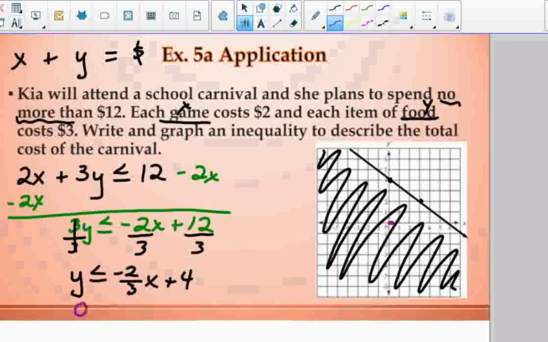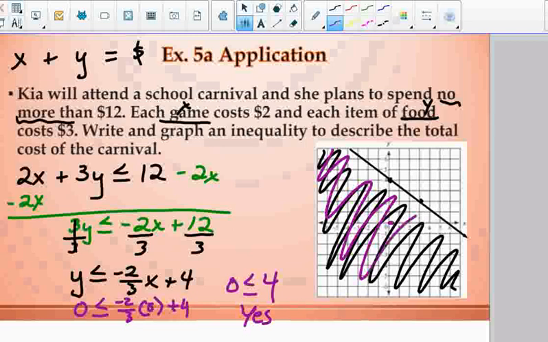So if y is 0 and x is 0, is 0 less than or equal to 4? Yes, it is. So this side is correct. This is the side that should be shaded. That would describe the total cost of the carnival and all the costs that it could be.